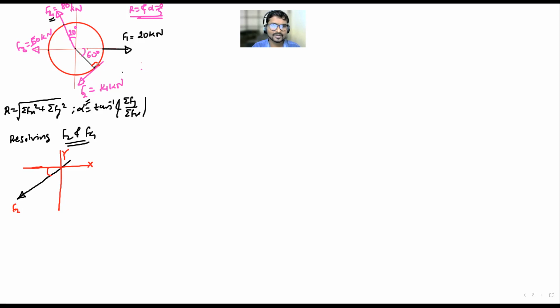F2 फोर्सचा, बरोबर आहे की नाही? We want to have the angle of force F2 with respect to horizontal, that is the x-axis. We want to have this angle as theta. किती येणार? 60 येणार की 30 येणार की 90 येणार?